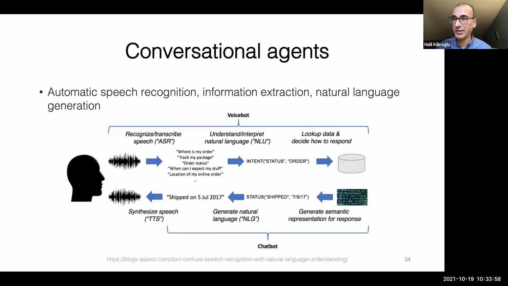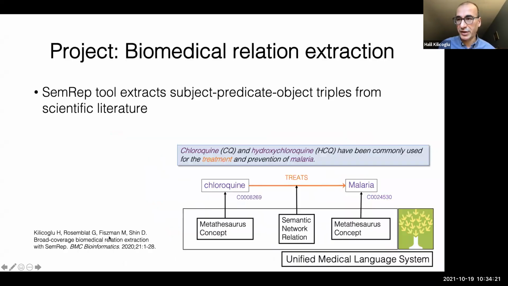So turning the signals into words, understanding the intent of the question, looking it up in a database of some sort, and generating a natural language response as well. So this basically involves all kinds of things that we discussed under natural language processing. And as you know, they're becoming very good at what they do these days.